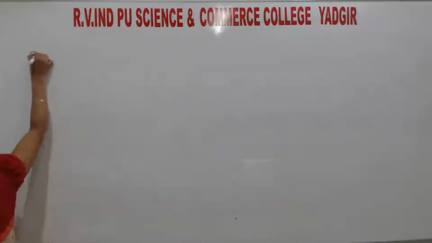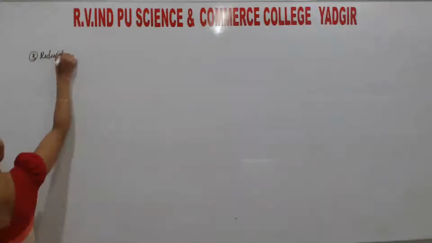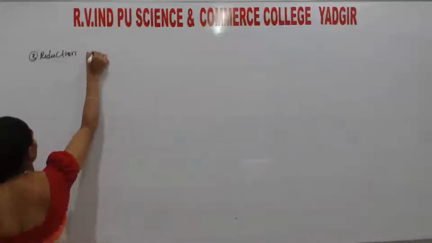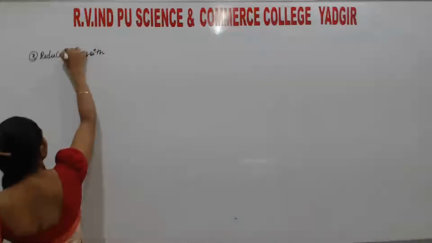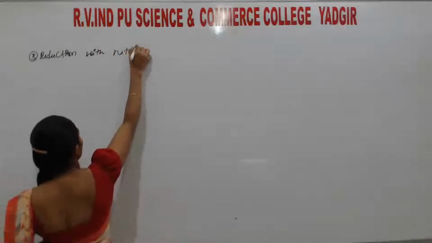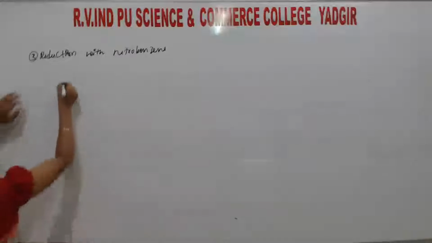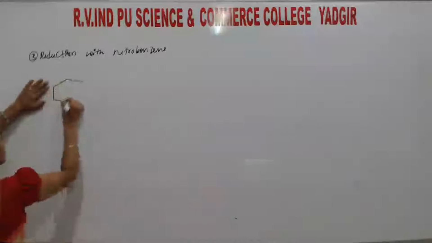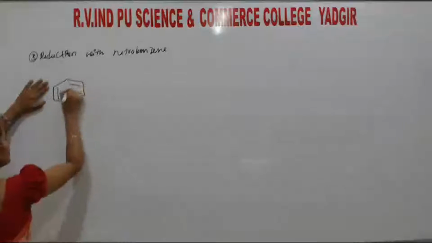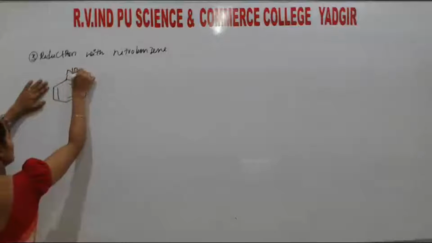Okay. So students, the first one is reduction with nitrobenzene. Reduction with nitrobenzene means here the reagent used is nitrobenzene.